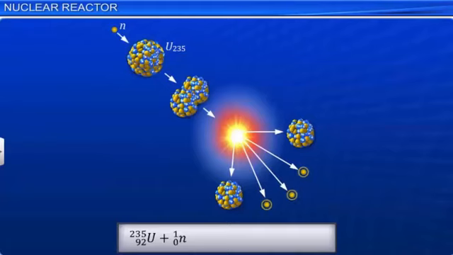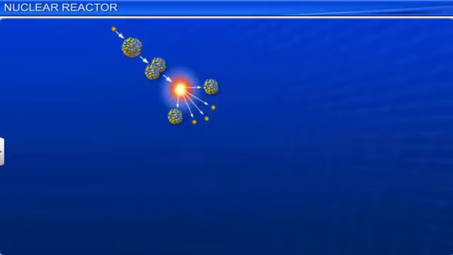In fact, an average of 2.5 neutrons are released in the fission of a uranium nucleus. We know that along with the fission products, say barium-144 and krypton-89, 3 neutrons are released during its fission. However, if these neutrons are absorbed by 3 other uranium nuclei, it can cause fission in them.